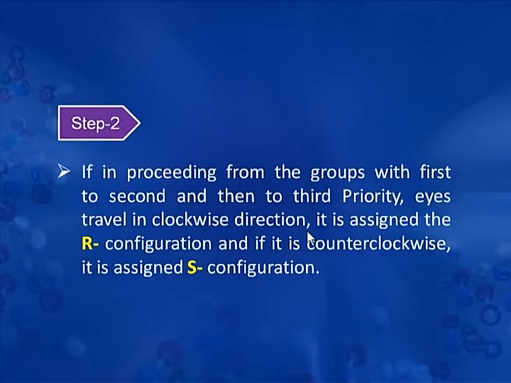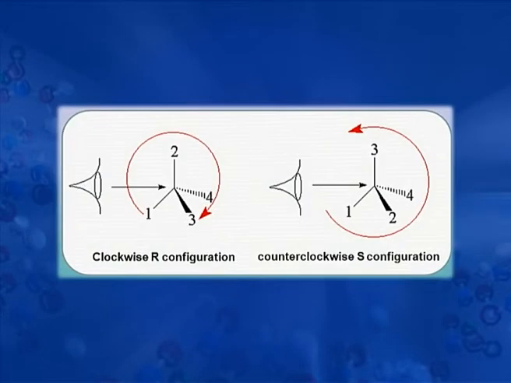If in the sequence of 1, 2 and 3 our eyes travel in a clockwise direction, that is, to the right-hand side, we say this molecule has R configuration. And if in going from 1, 2 and 3 we have to move anticlockwise, or counterclockwise, we assign it as S configuration. Let us understand it with the help of this picture.